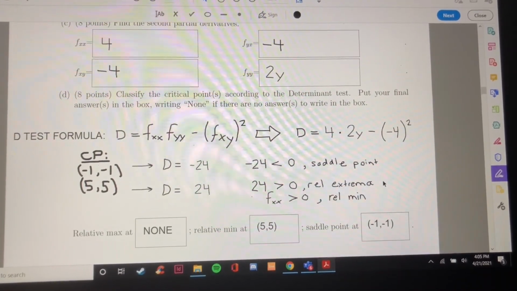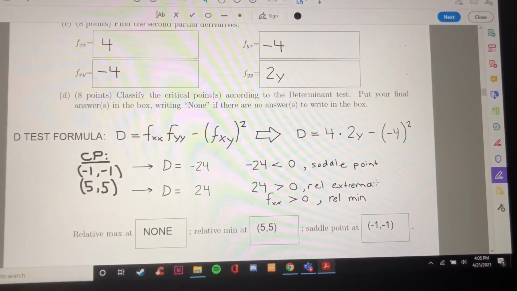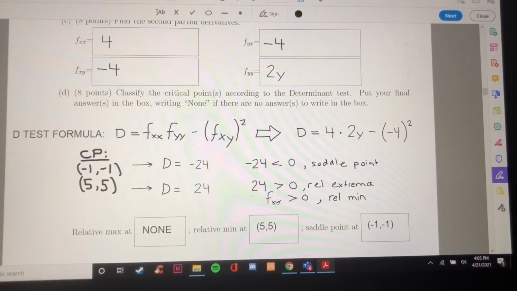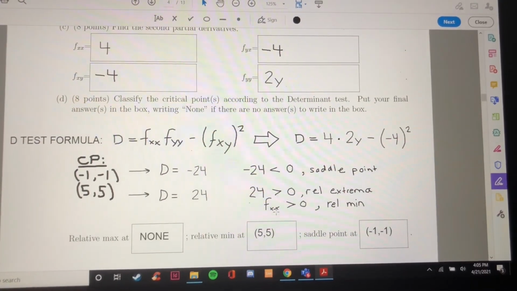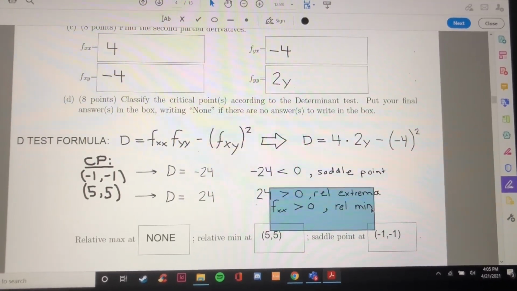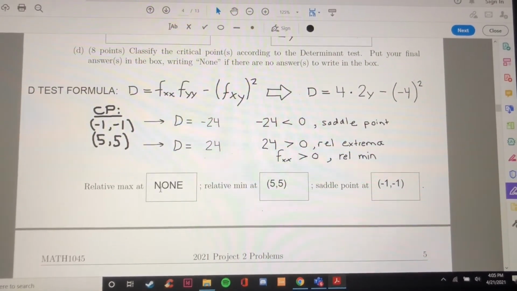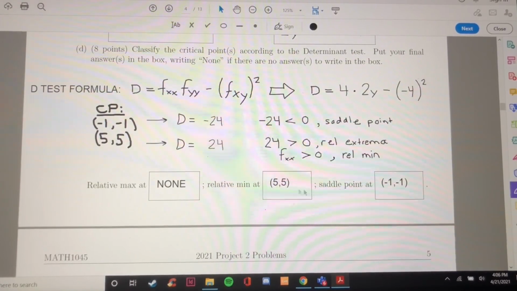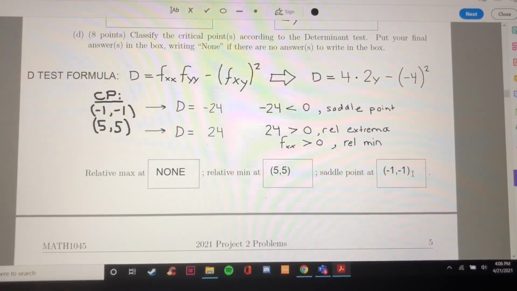And we don't know quite yet whether it's a min or a max. We have to find that out based on whether or not f sub xx is positive or negative. In this case, it's above 0, so that means it's a relative minimum. So we have a relative max nowhere. We have a relative min at 5, 5, and a saddle point at negative 1, negative 1.